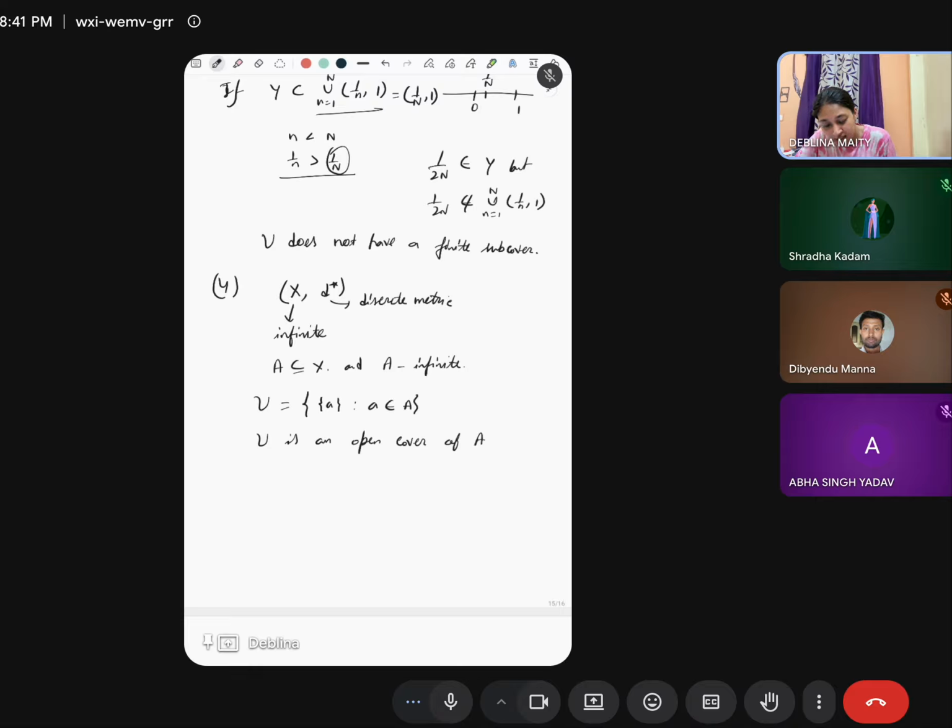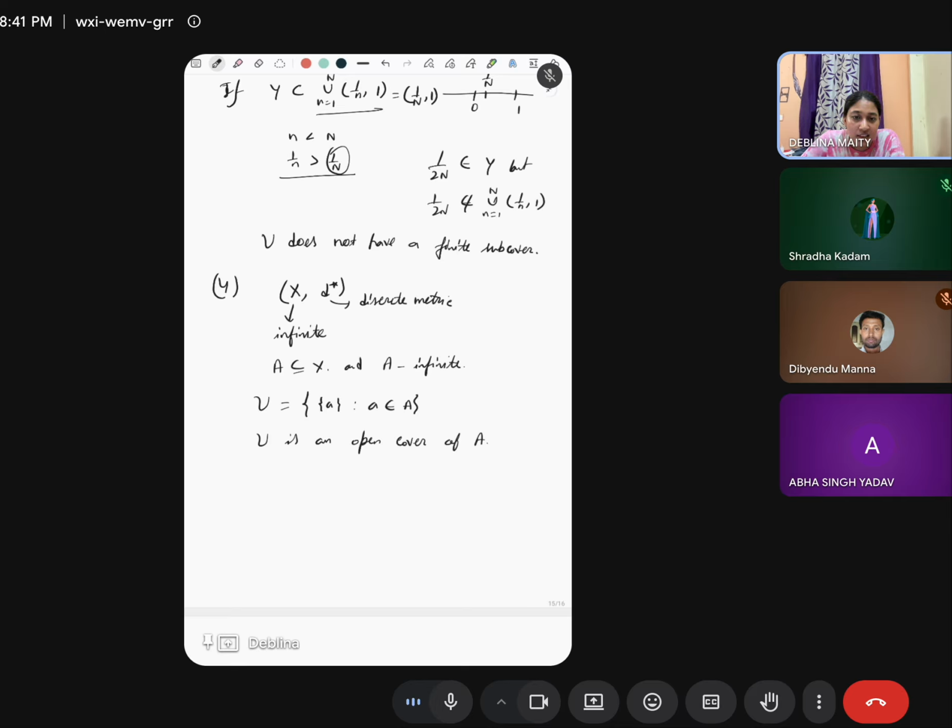Now this open cover does not have a finite subcover, because any finite subcollection of U covers only finitely many points and our A is infinite. So any finite subcover can never cover A. So it does not have a finite subcover.